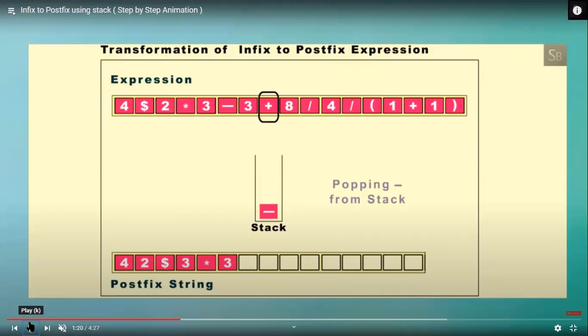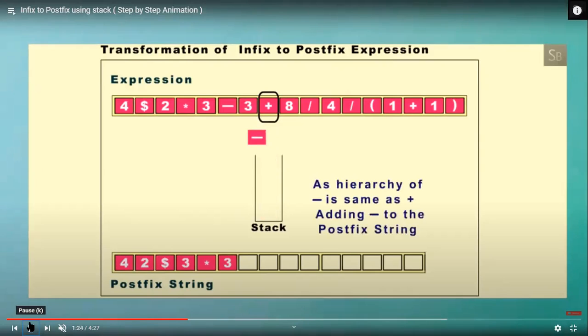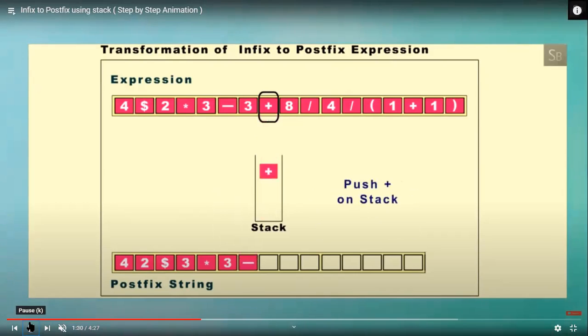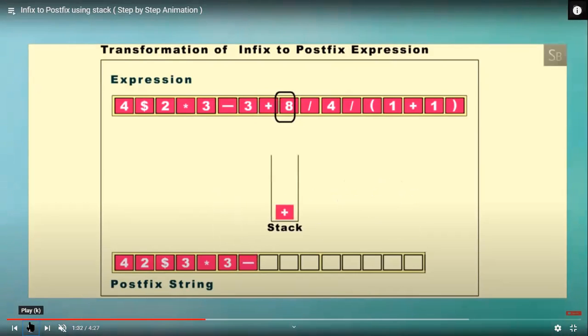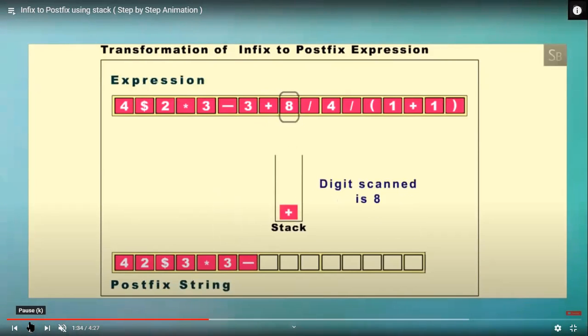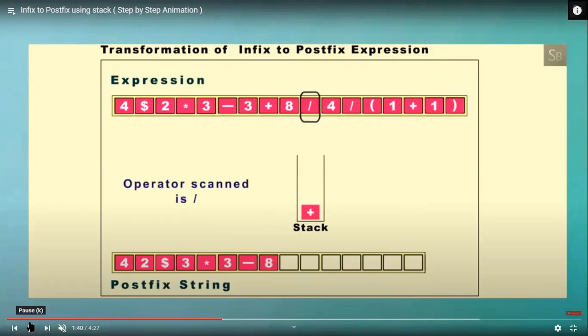Plus and minus have the same priority, so we pop the minus that was already there in the stack, and we add plus to the stack. We then scan the digit 8, and as it is a constant, we place it in the postfix string.